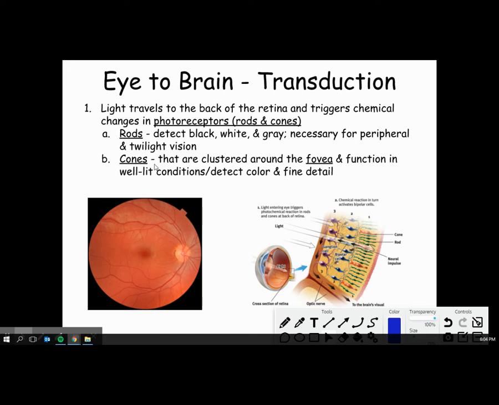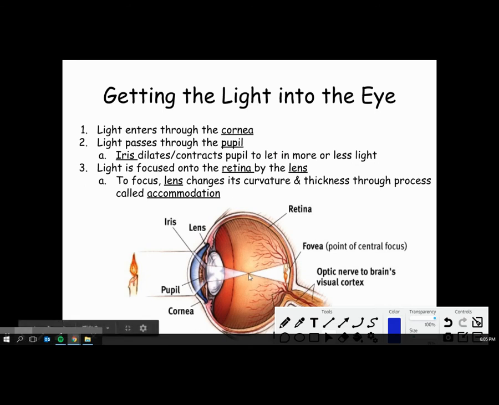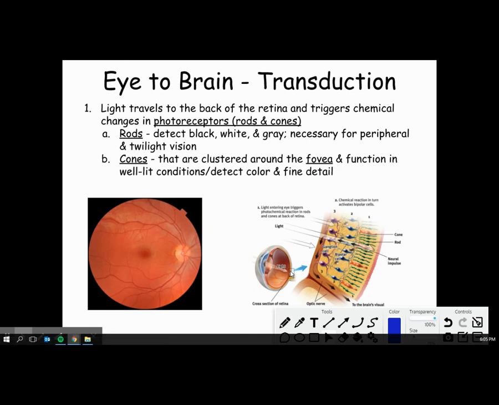Cones are the photoreceptors that function in well-lit conditions and are what allow us to detect color and detail. You can see here, whatever we are focused on hits our fovea. You can remember focus, fovea. This is why whatever we are directly looking at, we can see in a lot of detail.